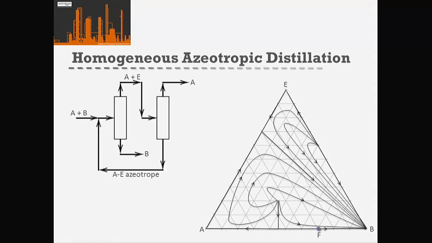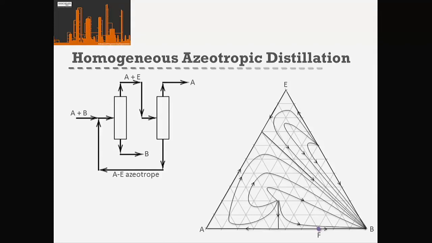When you come to designing the separation, you might think about both options, and then look at the economics of both and think about whether that pre-concentrator makes your sequence cheaper or not. As a rule, the closer your feed is to your azeotrope point, the more likely it is that having a pre-concentrator is not going to be as effective, because you're removing a lot less of your feed out of your system at the start.